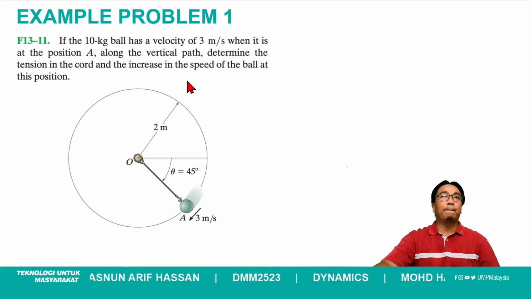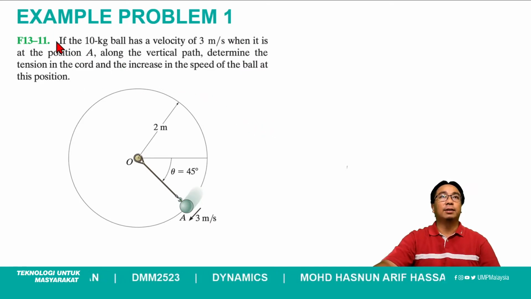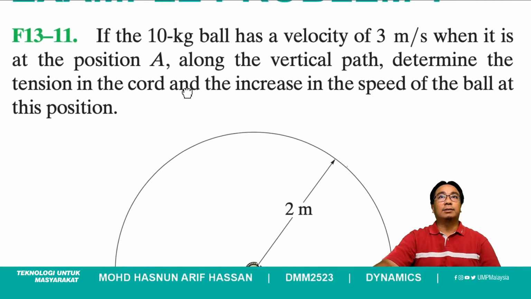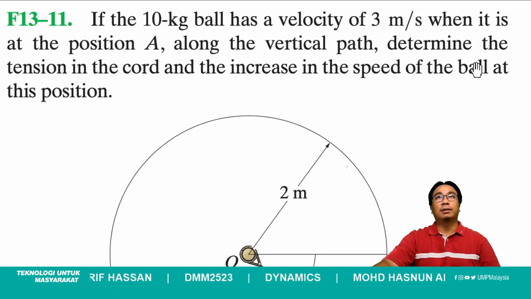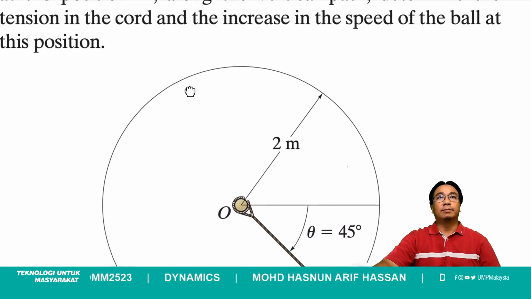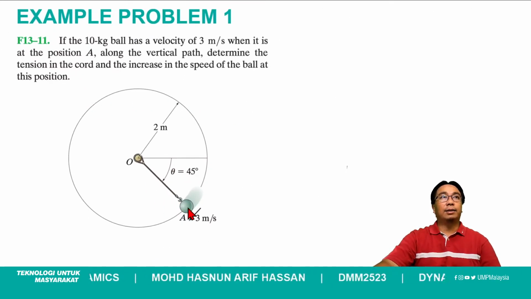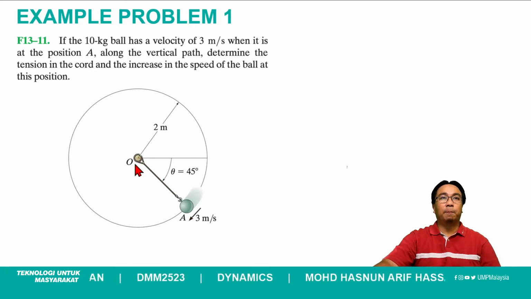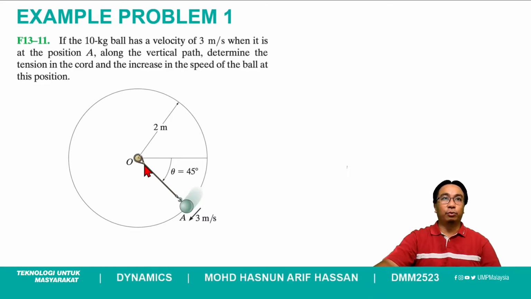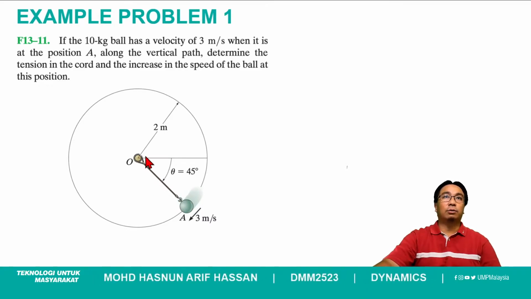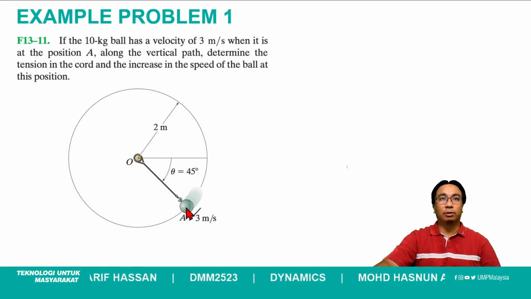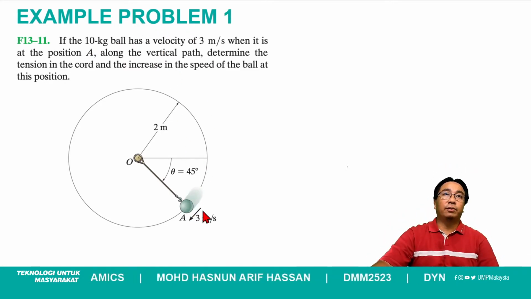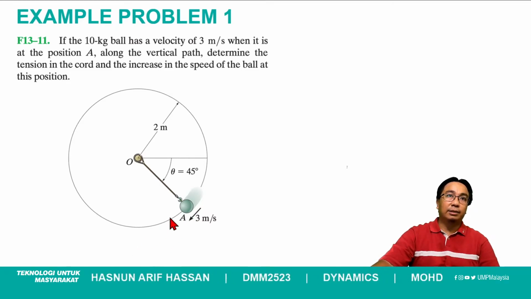Example problem 1. Let's read the problem first. If the 10 kg ball has a velocity of 3 meter per second when it is at position A. At the current position, the ball is connected to a fixed point O through a cord, a rope or a cord. The 10 kg ball has a velocity of 3 meter per second in this direction, tangent to the path.